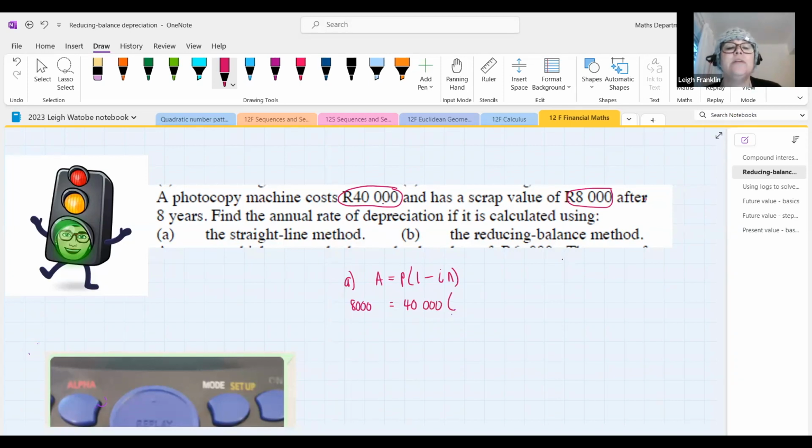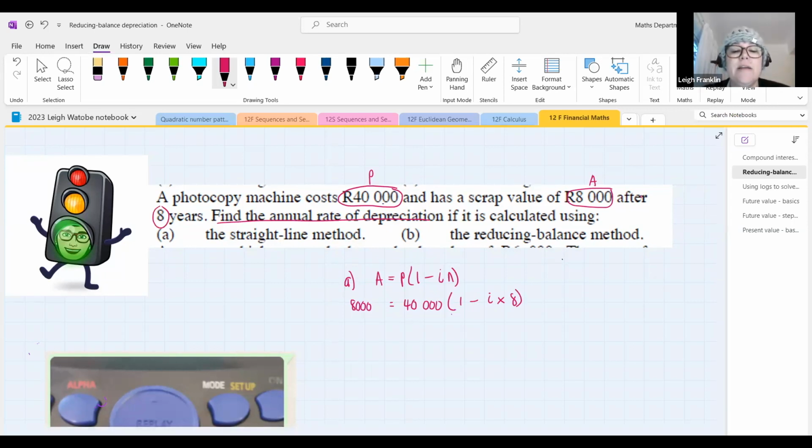Okay, they want us to find the annual rate of depreciation. So when they say find the annual rate of depreciation, what are they asking us to calculate? Exactly, they want us to calculate the I. All right, so we've got 1 minus I multiplied by, in this case, 8.